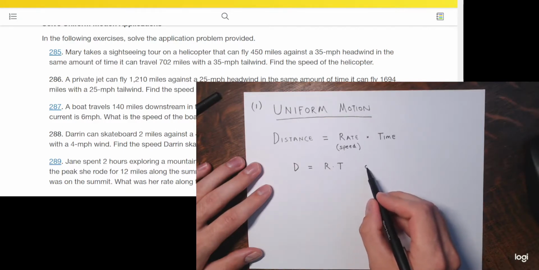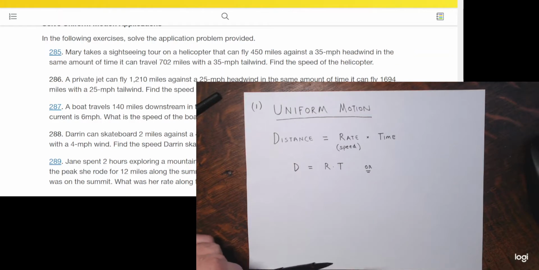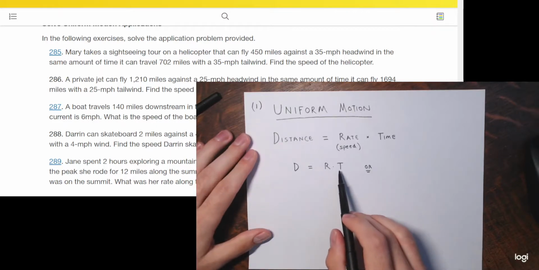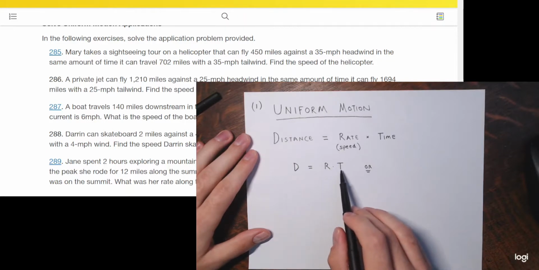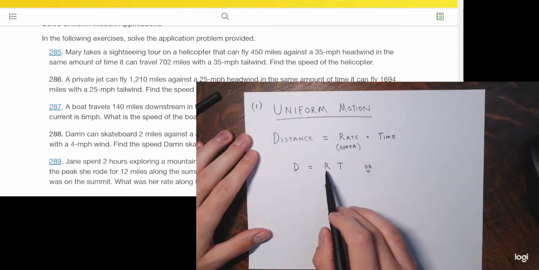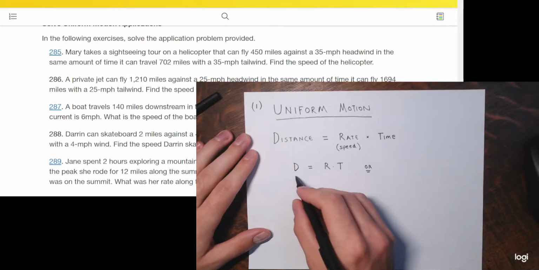Now we are in a section of this textbook that deals with rational equations, fractions showing up. So not only will this concept come into play, d equals rt, but we might also have to solve for r or solve for t here. If I solve for r, we would just divide both sides by t.